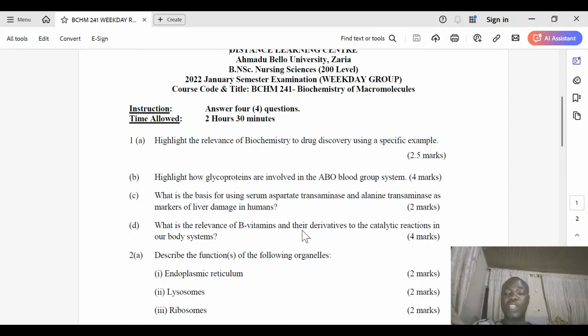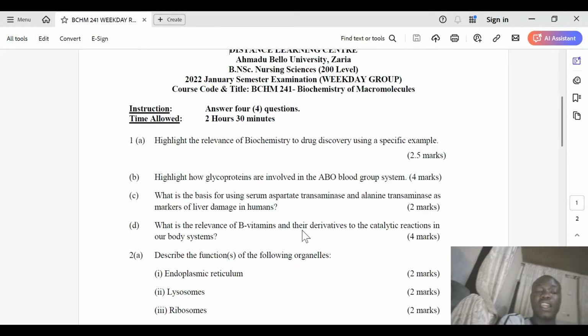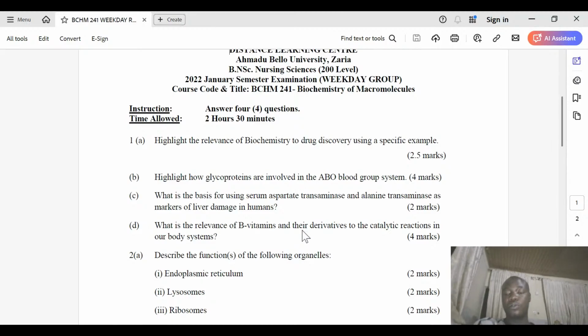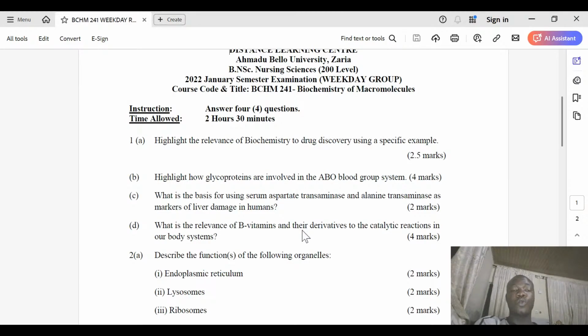If the enzymes are active, the catalysis will take place, and if the enzymes are inactive, there is no catalysis in our body. The inactive form of the enzymes is called apoenzyme, and they require these B vitamins to become active. That is the answer to question 1D.